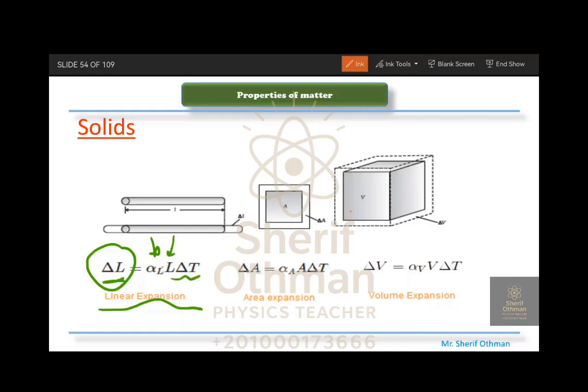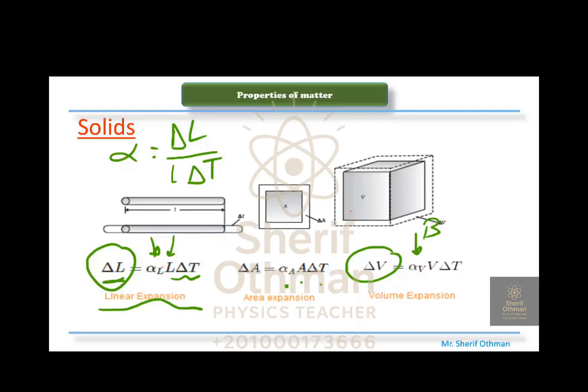It's the same rule, guys: alpha is equal to delta L divided by L delta T. Area expansion for a flat surface: delta A equals alpha A times A times delta T. Delta V is the volume expansion, alpha V, or beta as we said before, times V delta T.